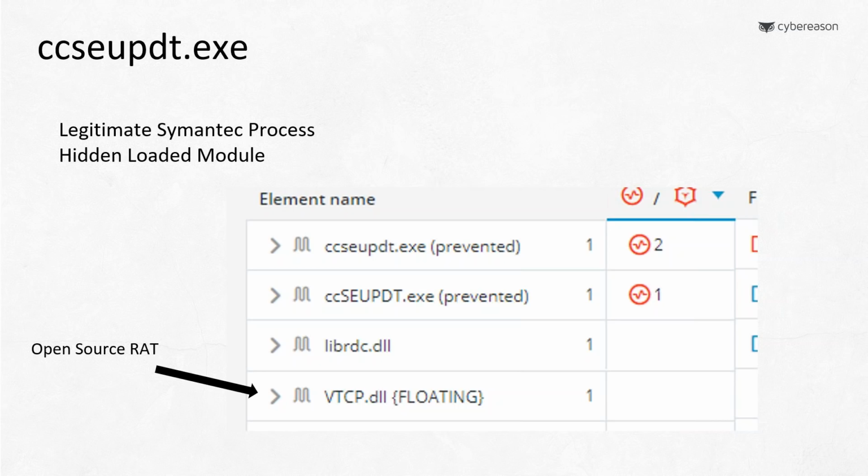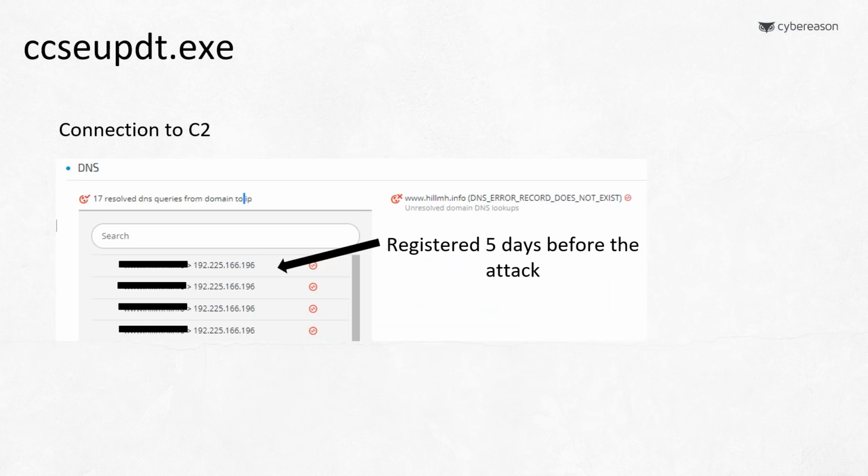And so we continued looking at what this ccse update.exe did, understanding that this was the process used by the attacker for command and control, and we found out that it was communicating to a specific domain that was only registered 5 days before the attack.